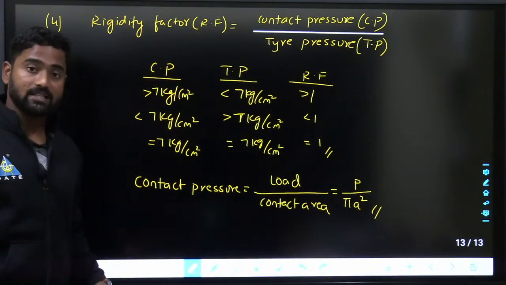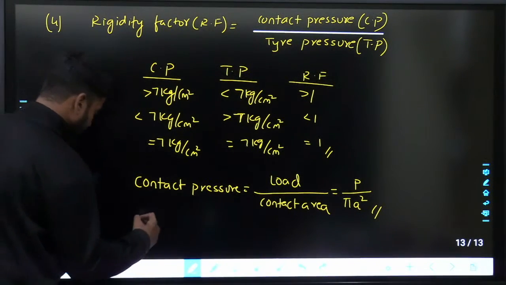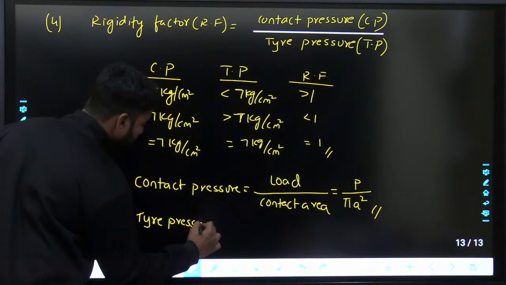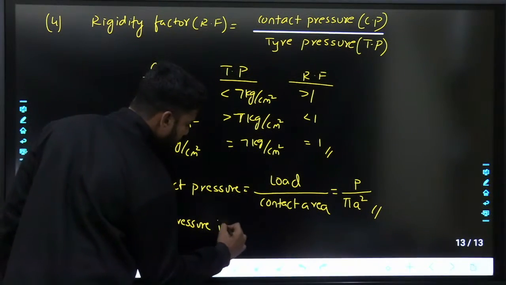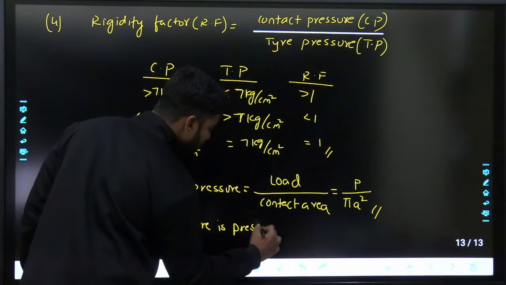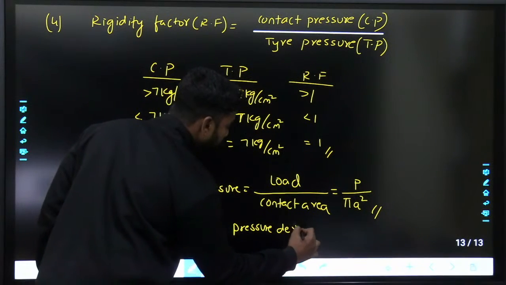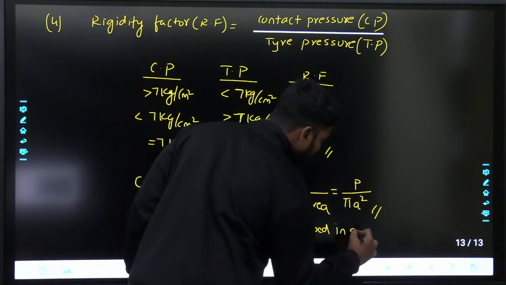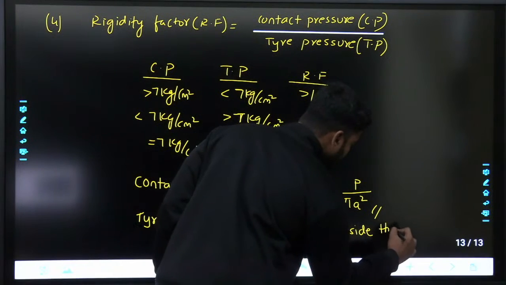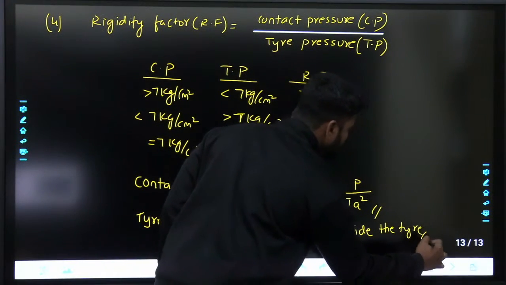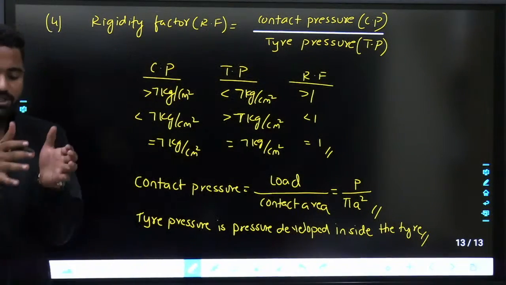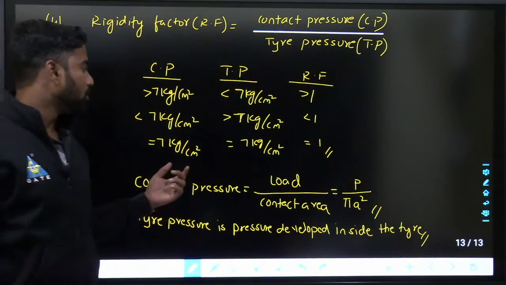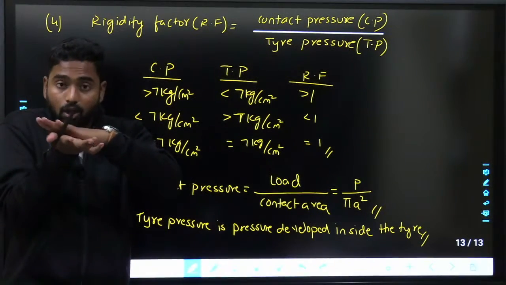Tire pressure is the pressure developed inside the tire. So don't get confused between tire pressure and contact pressure. Tire pressure is the pressure developed inside the tire. It can be compression, it can be tension, and contact pressure is the pressure developed at the contact.